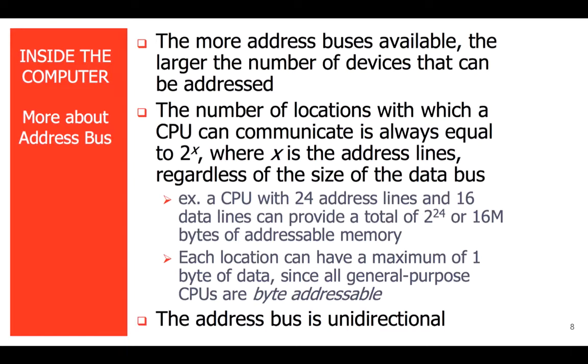Example: a CPU with 24 address lines and 16 data lines can provide a total of 2 to the power of 24, or 16 megabytes, of addressable memory. Each location can have a maximum of 1 byte of data, since all general-purpose CPUs are byte addressable. The address bus is unidirectional.